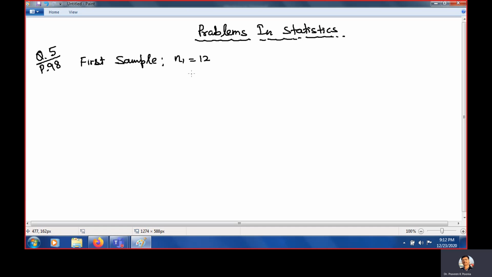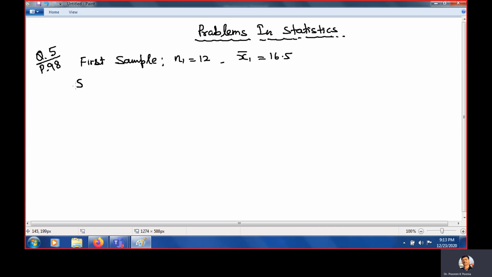It has a mean of 16.5. Clear? So n1 is equal to 12, there are 12 measurements, and the mean is 16.5.